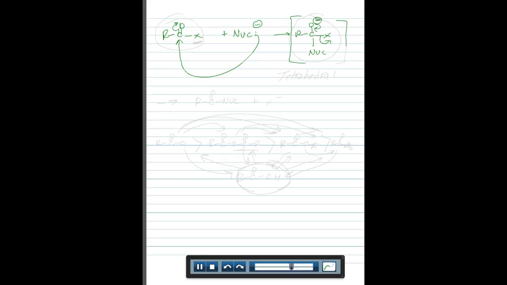This intermediate is called the tetrahedral intermediate, because you're going from a trigonal planar reactant to a tetrahedral intermediate. And you form your product, your nucleophile plus X minus. Okay? And depending on X, the reaction either goes really fast, kind of fast, or basically doesn't go at all. All right, so we're going to learn various reactions based off of this list.